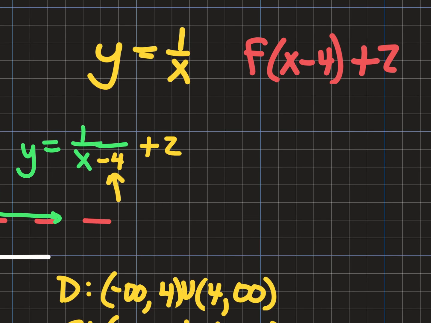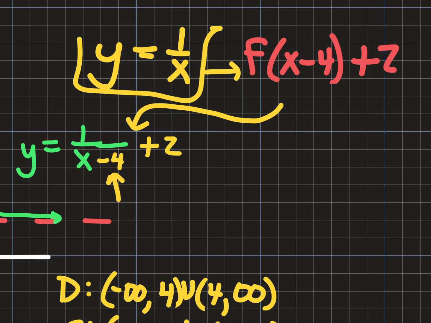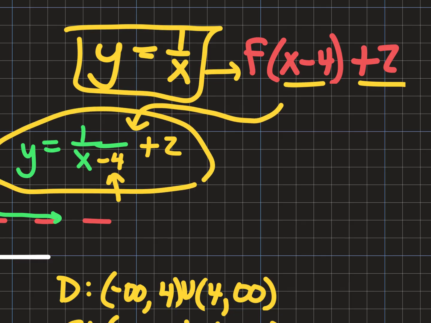And look, this parent function, and you do that to it, it turns into that. Do you get how that works? This is the parent. It's like, that's what it started with. That's how we changed it. And it looks like this now. Okay, here's another question I could ask you about this.